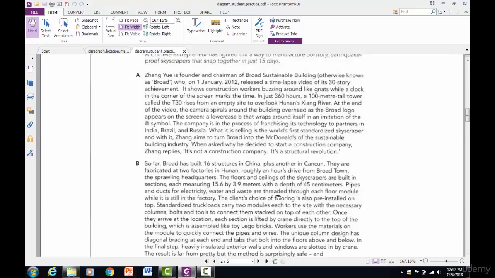Remember I told you with fill the blank questions, if you find the important language that comes before the blank line, you can always know what the answer is. And when it says threaded through each floor, that's saying installed. And so that tells us that our answer is going to be they're installed while in the factory.